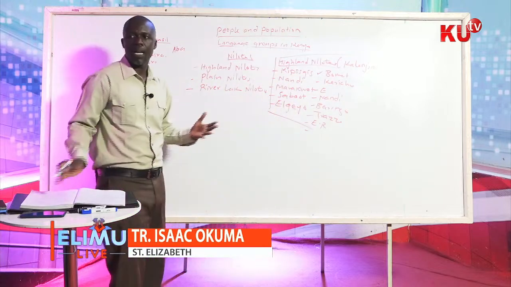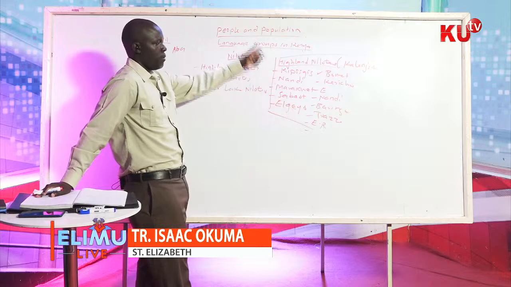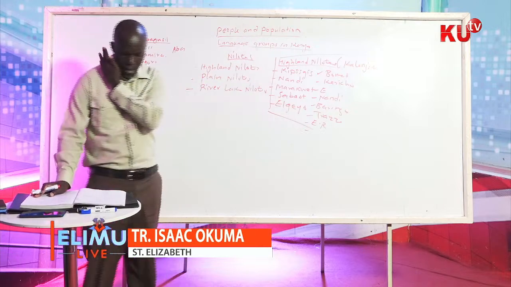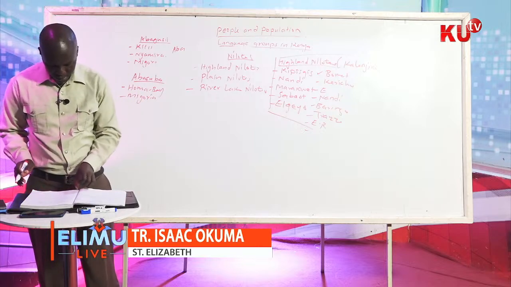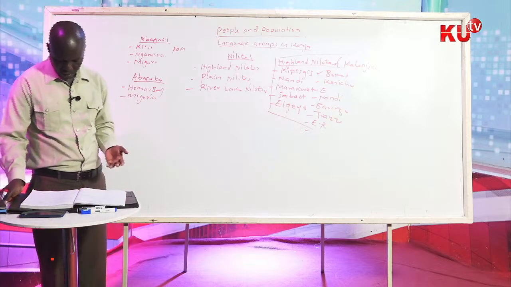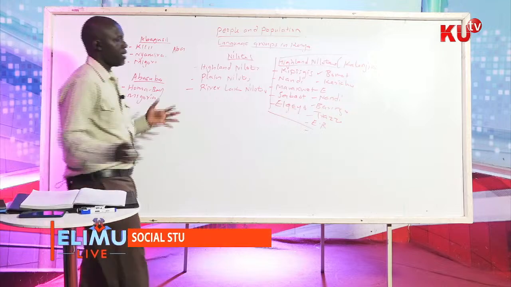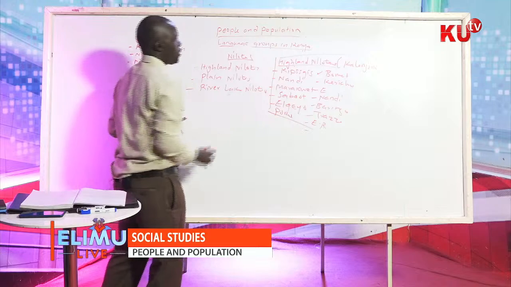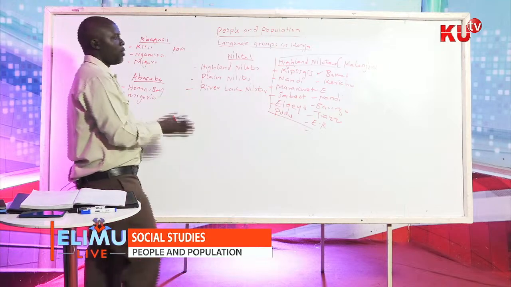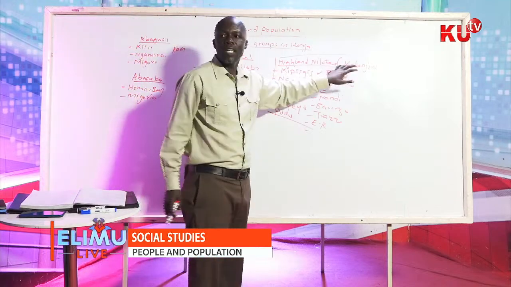But which groups make up the Highland Nilotes? I've said we have the Kipsigis, Nandi, Marakwet, Sabaot, and Elgeyo. We also have others like the Turgen, the Pokot, and the Sabaot. So in general, the Highland Nilotes are what we refer to as the Kalenjin.